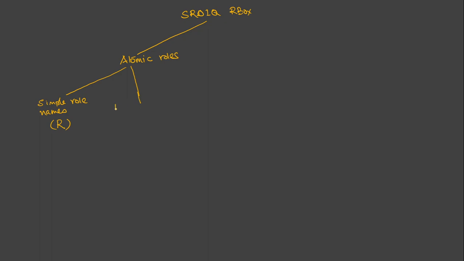So these are all atomic roles: the role name and the inverse role, represented as R and R inverse. And in addition to that, we have something called the top role, which will be represented as U.